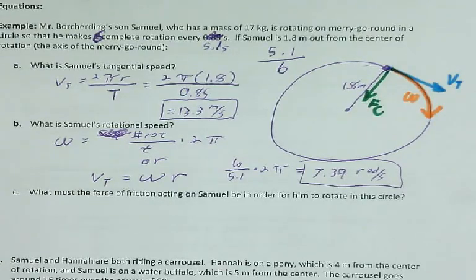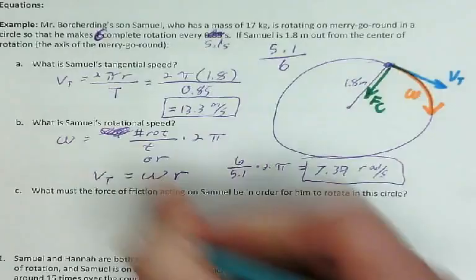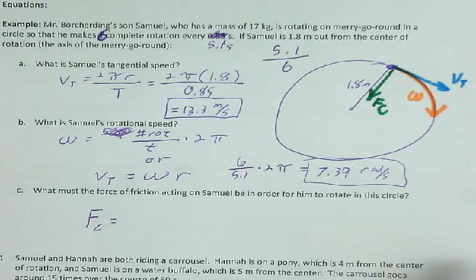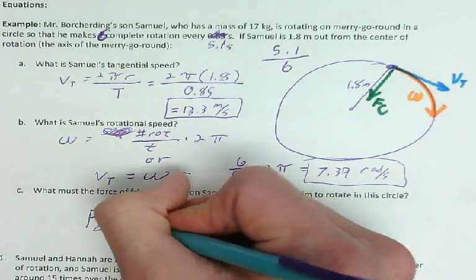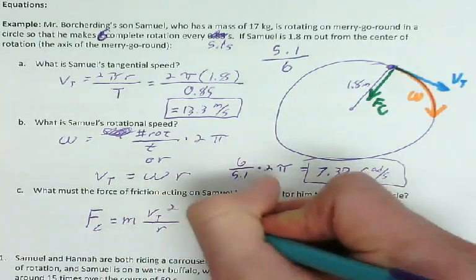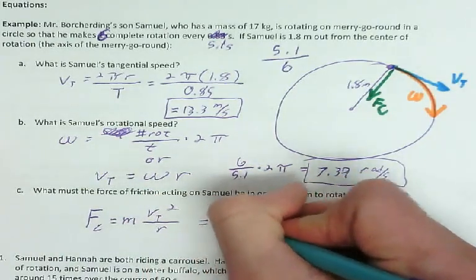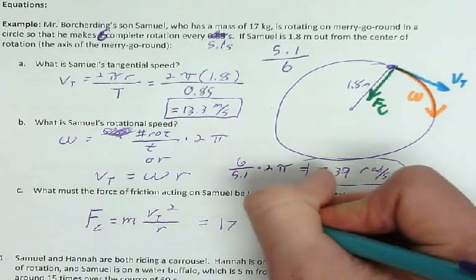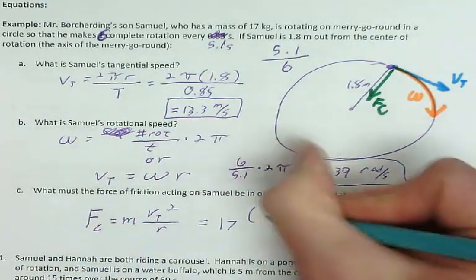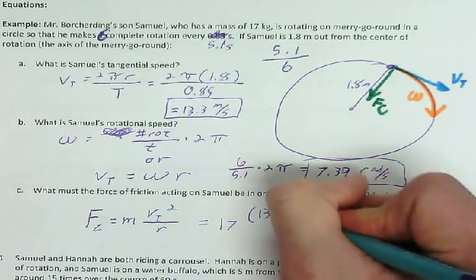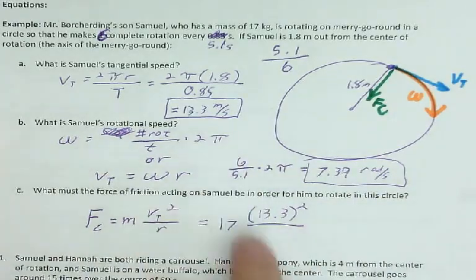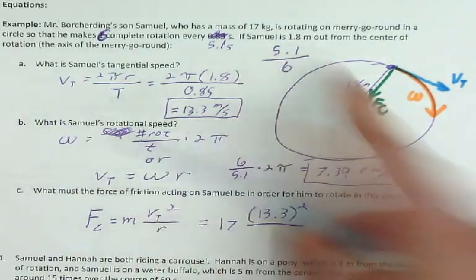So what does the force of friction on Samuel have to be? Okay. Friction is the centripetal force, so you just solve for Fc. It's equal to mv squared over r. So it's his mass, 17, times v, which is my tangential velocity, 13.3, divided by the radius, which is 1.8.